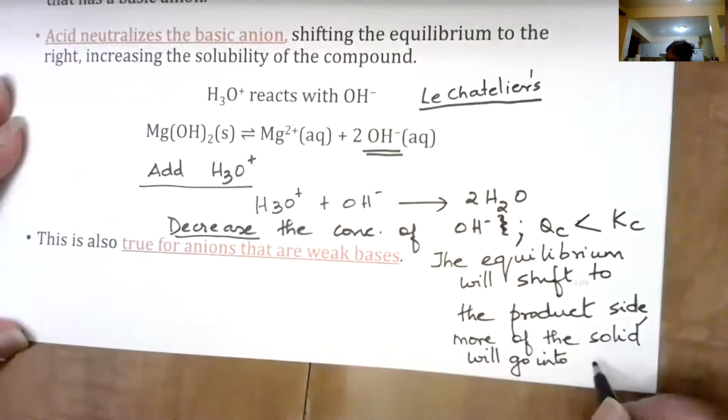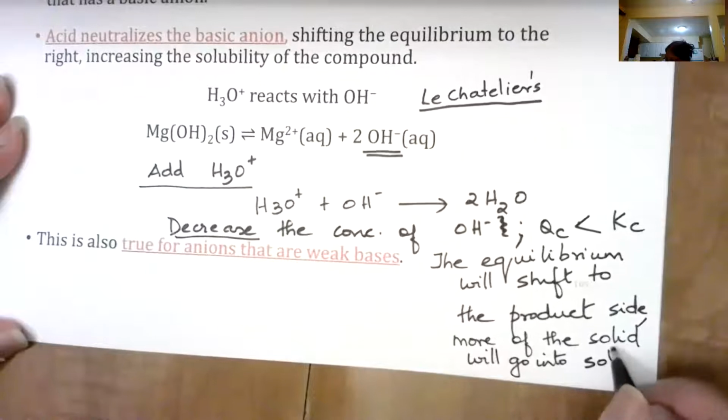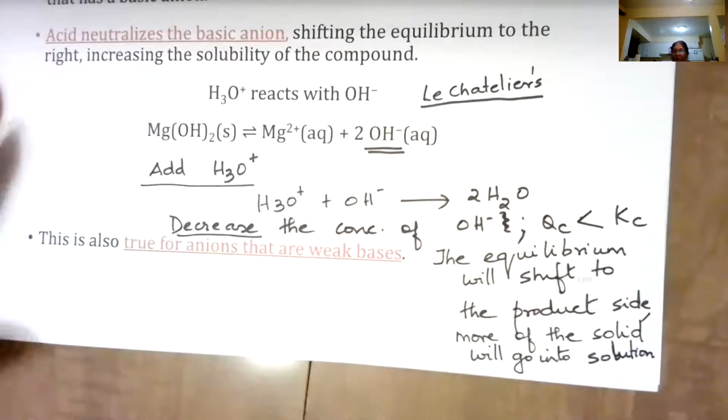And you did test this. You will see the white solid on the bottom decrease in amount. And you also tested the reaction in an ice bath and in a hot water bath.